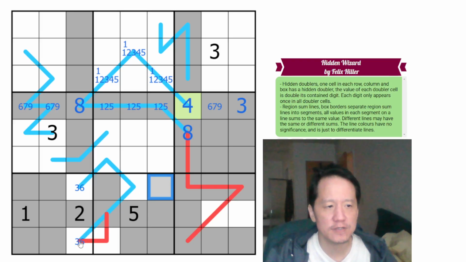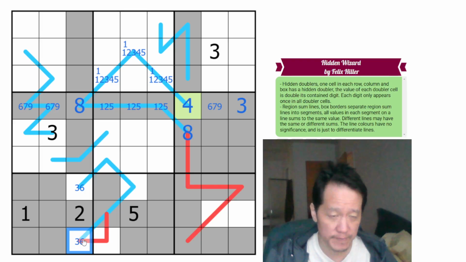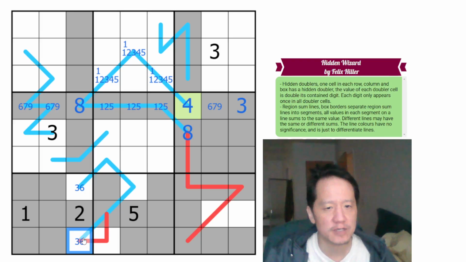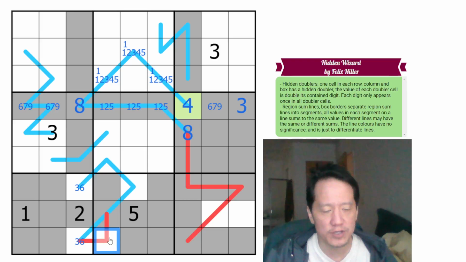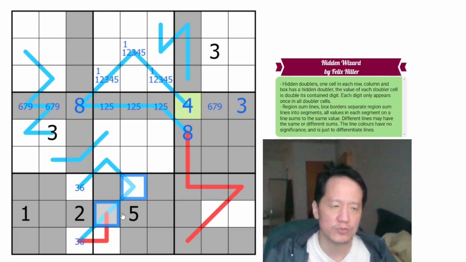If this cannot, okay, it's a value of 6. One of them has to be doubled. So it cannot be a value of 1 and 5 because none of those values can be doubled in the other one, right? In fact, actually, it has to be 2 and 4.